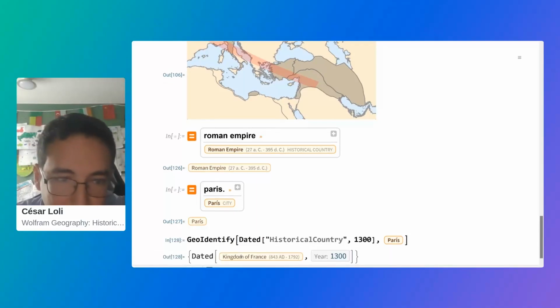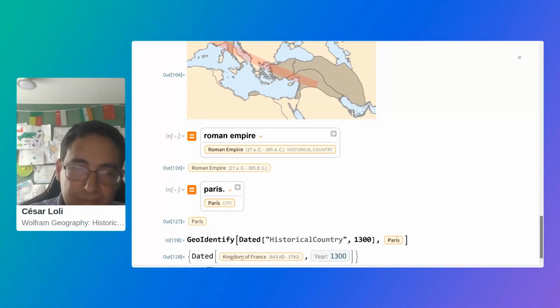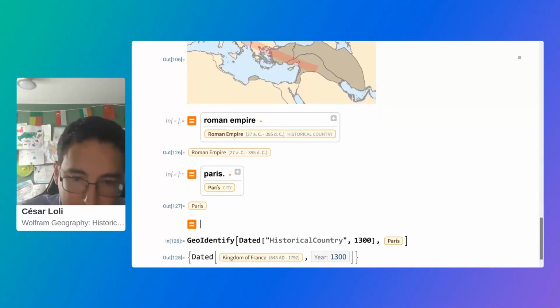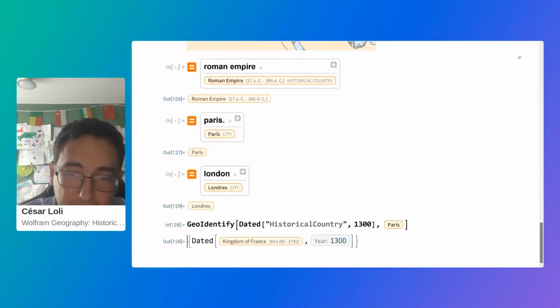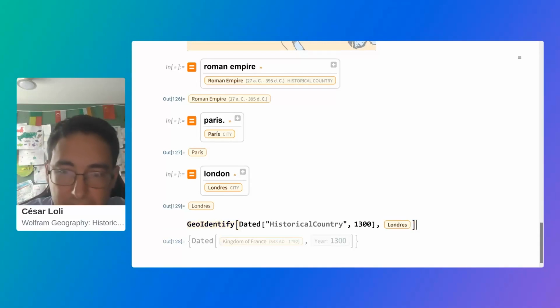You can see here which one it is. Sometimes, for instance, we can have problems with stuff like the United Kingdom, that we can have many entities for one single historical country.